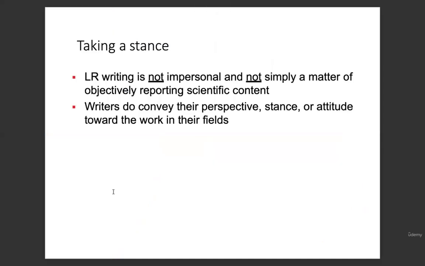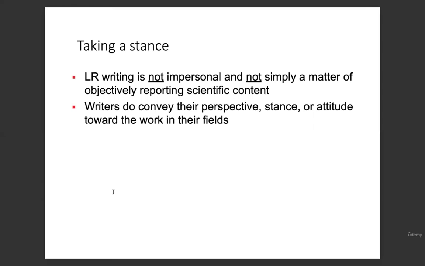While you're writing a literature review, you should be careful about taking a stance. Literature writing is not impersonal or a simple matter of objective reporting of scientific content, okay? It is very personal. Otherwise, it becomes a list. So as a writer, you should convey your perspective, your attitude towards the work, okay?